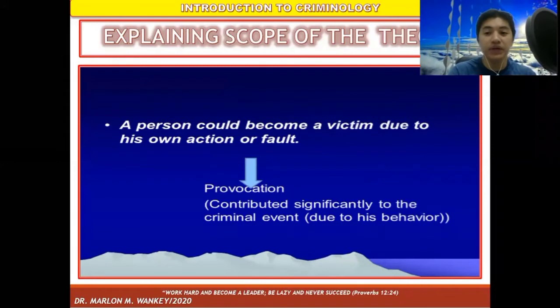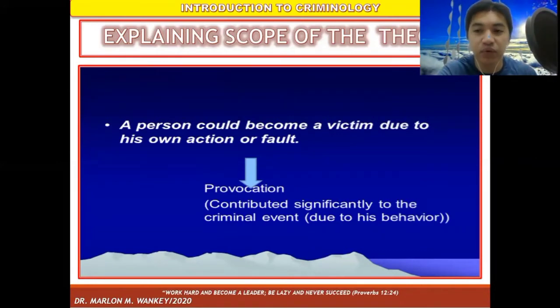So it appears that the person who initiated the attack received the most serious injury. So it appears to become a victim, but the most victim out there is the person who is defending himself. Because if he was not able to defend himself, possibly he might die. Or he is already dead. Okay?